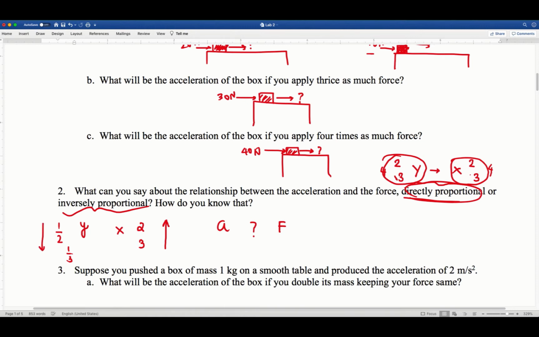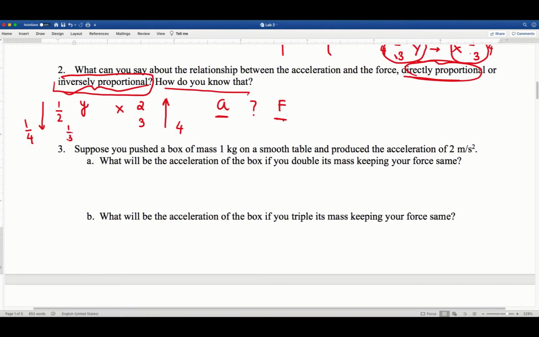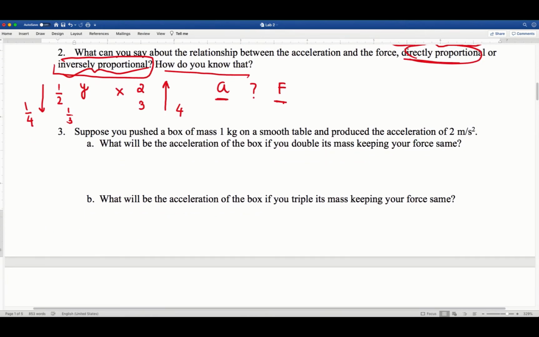In other words, if you quadruple x, then y would be reduced to 1/4. So this kind of relationship is called inverse relationship. So you need to decide what kind of relationship is there between acceleration and force, and how do you know that. Now let's look at this third part.